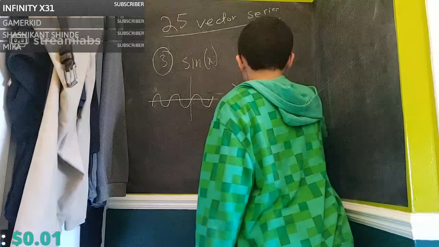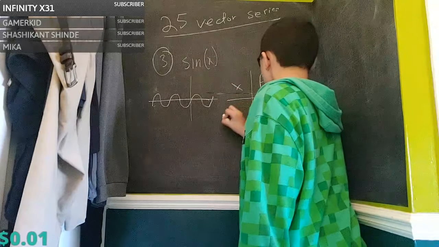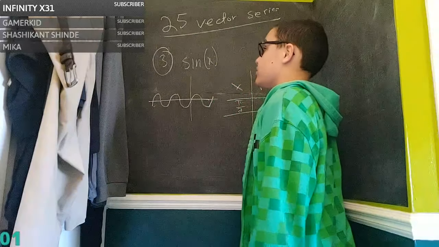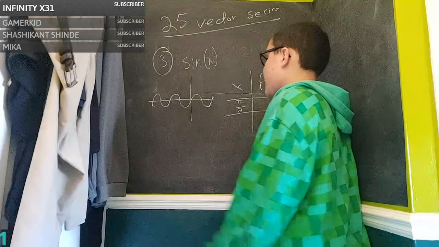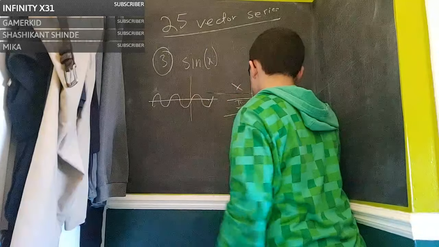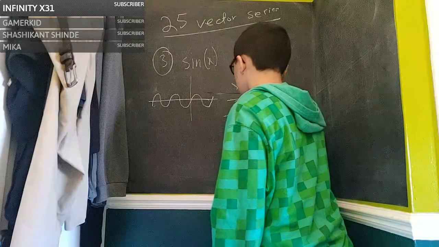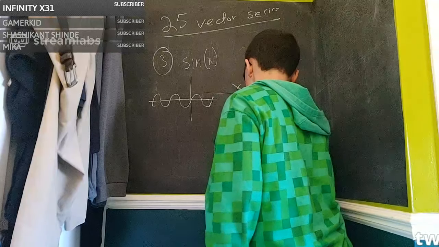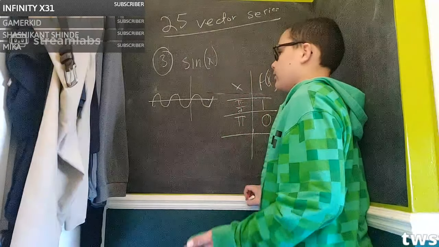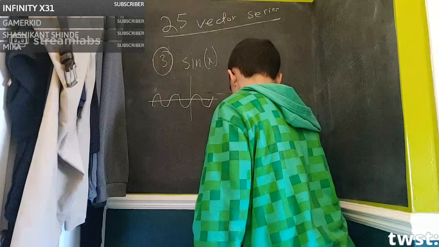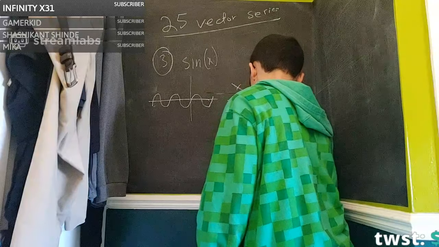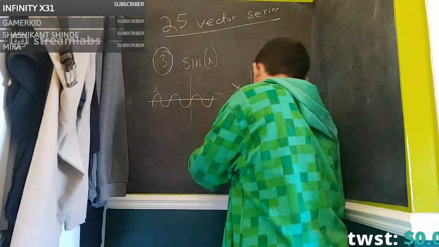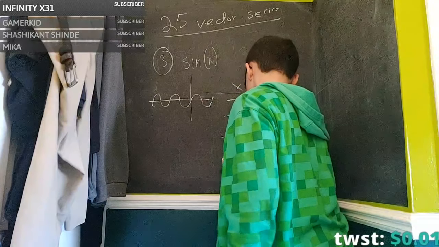Now, what I'm going to be doing is drawing a function table. Here we go, x and f of x. Now, x equals pi over 2. I literally don't know. Pi over 2 is about here, and that's 1. Pi, here, 0. 3 pi over 2. Nope, 2 pi. 3 pi over 2. Oh no, it's actually negative 1.